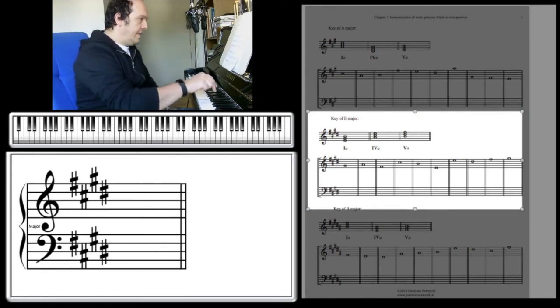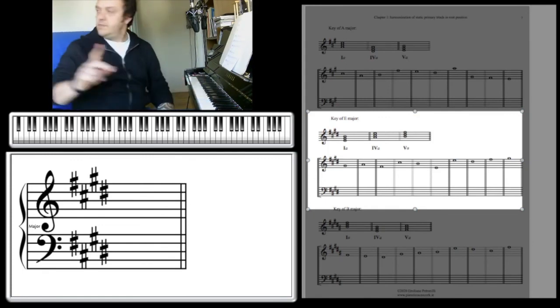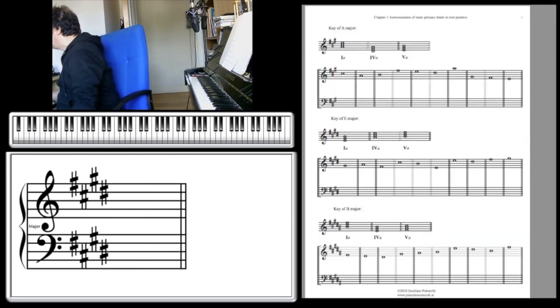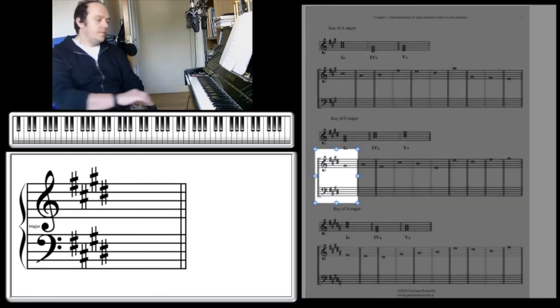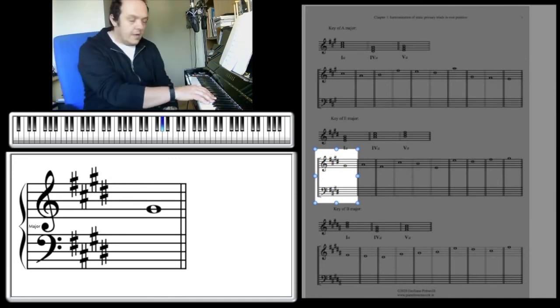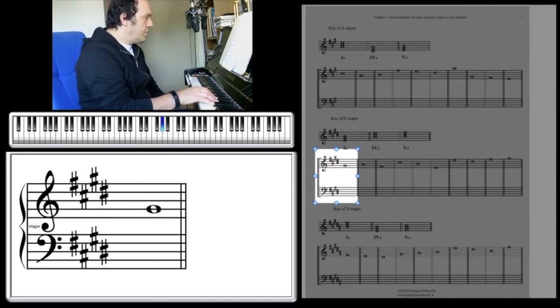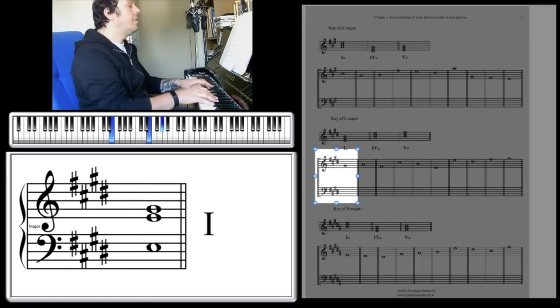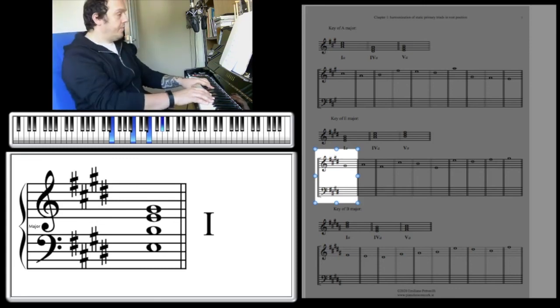Say, there is a G sharp there in the soprano. Right there, we'll have a go at this one. So that's my soprano voice. So a G sharp in the key of E major can only be the third of E major, of chord 1. So let's give it a bass. Let's give it an alto, doubling the root. Let's give it a tenor. There you go. Chord 1.